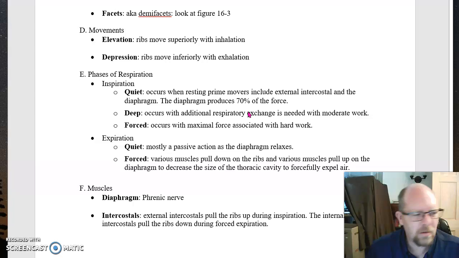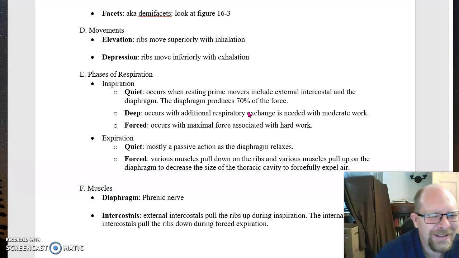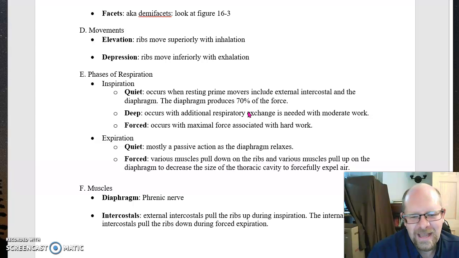Now, if we start working a little bit, like let's say you walk up a couple flights of stairs, maybe you're running late for class and you run from the parking lot into the building, that would create a situation where there's deep breathing. So it's to aid in the additional respiration that needs to occur between the alveoli and the blood.